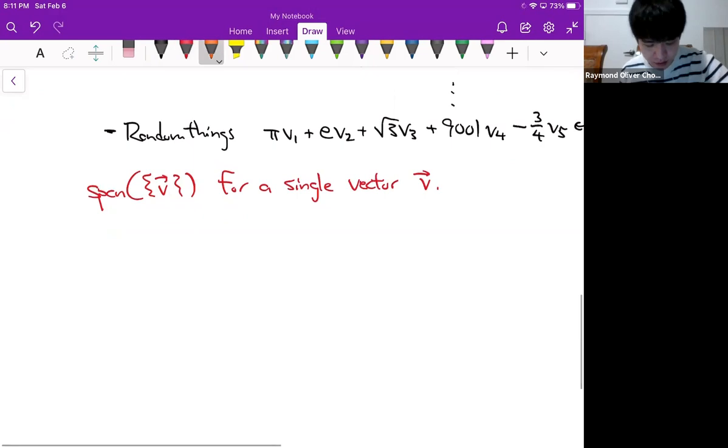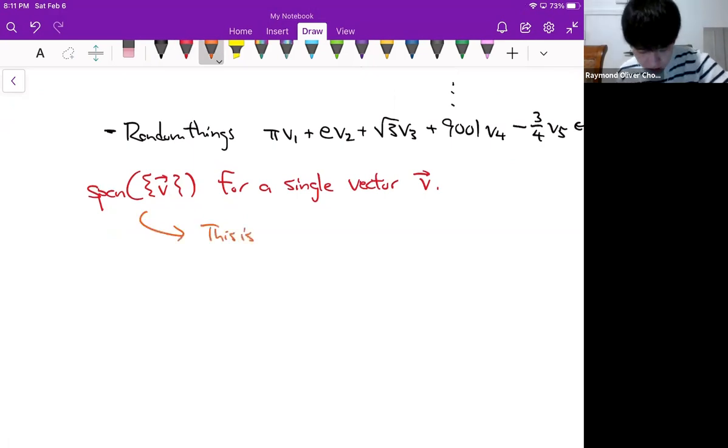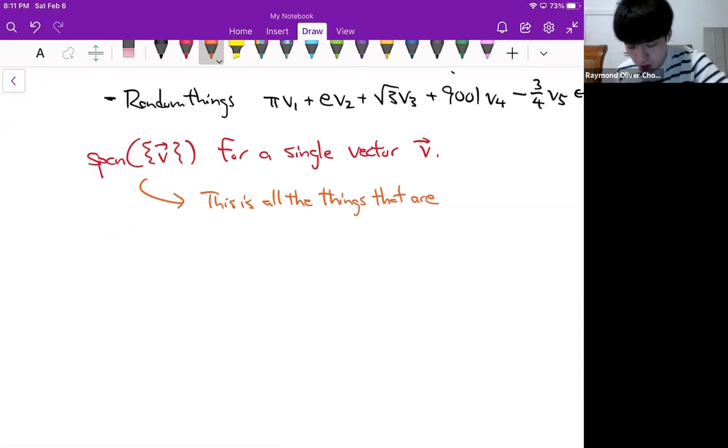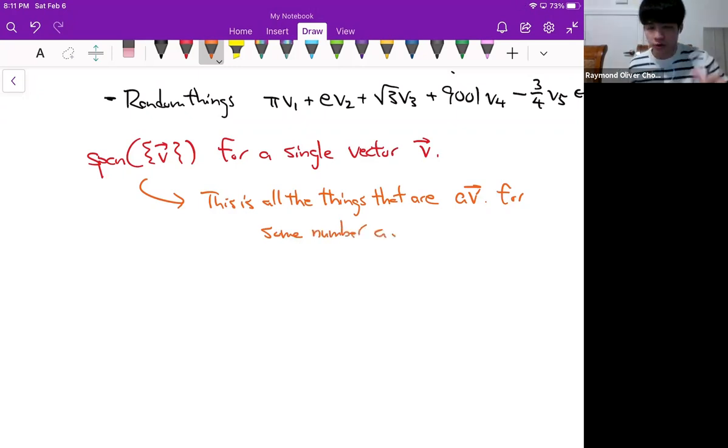To write the definition, this is all the things that are like a number times V, for some number a, right? So you take a vector, and if I look at the span of that vector, it's all the scalar multiples of that vector. So this is all scalar multiples.